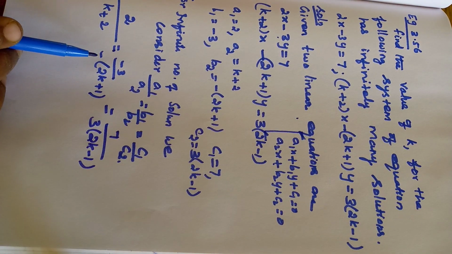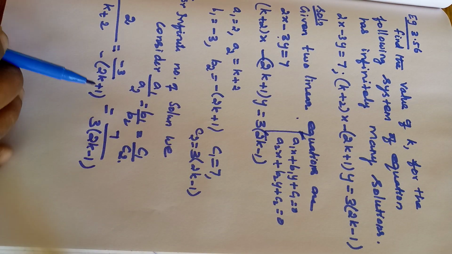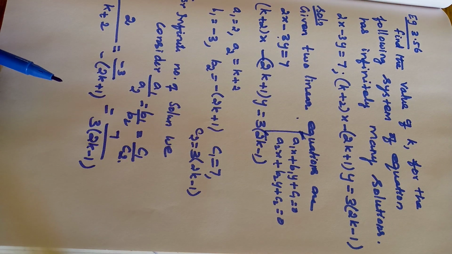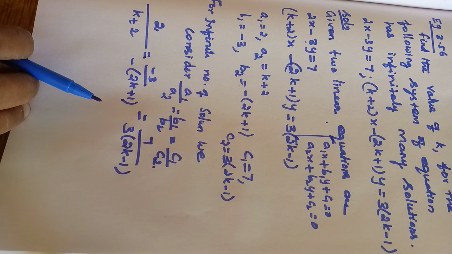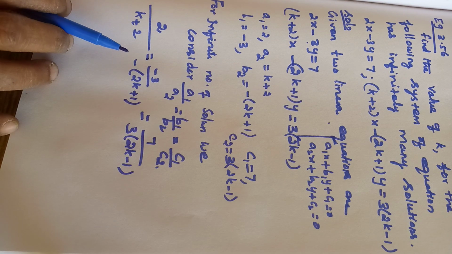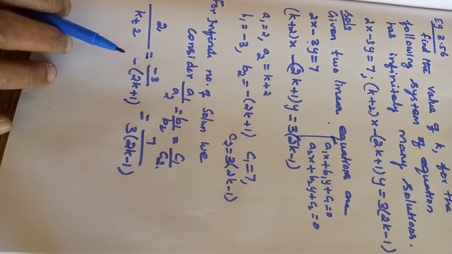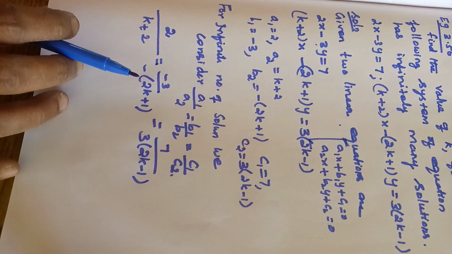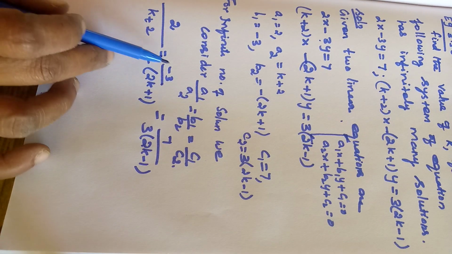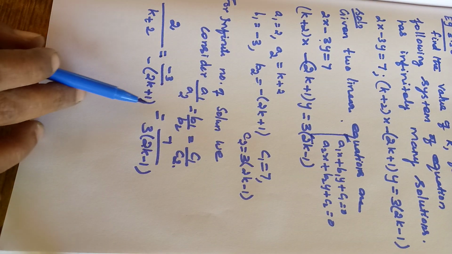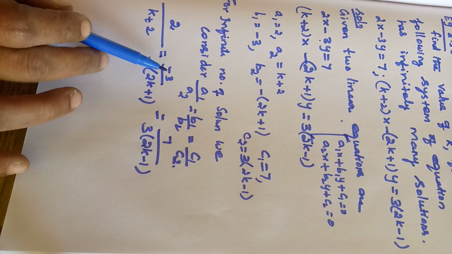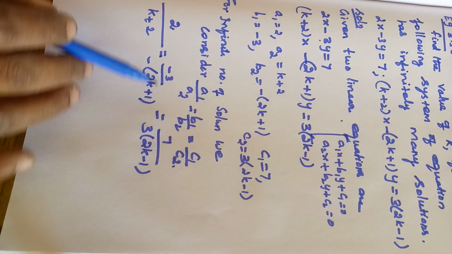So a1 by a2 is equal to b1 by b2 is equal to c1 by c2. What is the question? Find the value of k. So to find k, any two terms are enough to equate, either these two terms or those two terms.